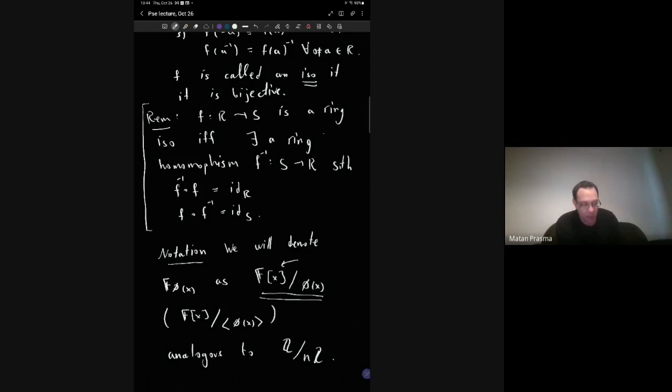We want to be able to talk about a structure that has addition and multiplication, but possibly without inverses, in order to reason about these polynomials and polynomials modulo another polynomial.